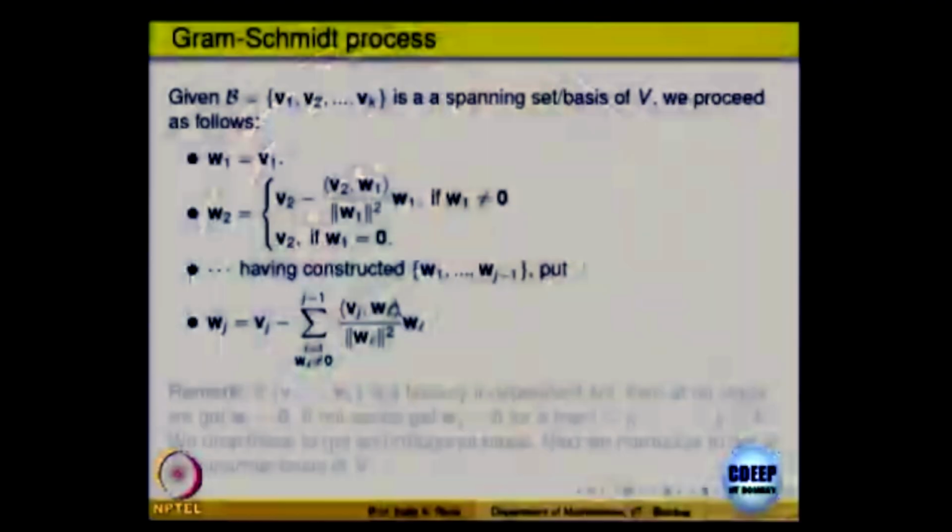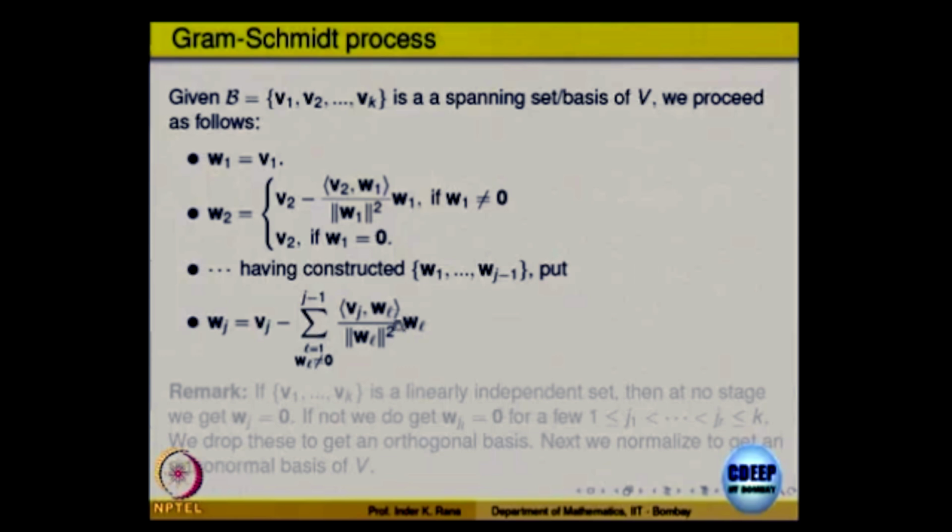See, the WLs up to j minus 1 have already been constructed, so use them to construct the next one, just removing a projection. That should give you an orthogonal set. This W1, W2, up to Wk will be an orthogonal set whose span will be the same as the span of V1, V2, up to Vk, if none of them is 0, as many as the original ones.